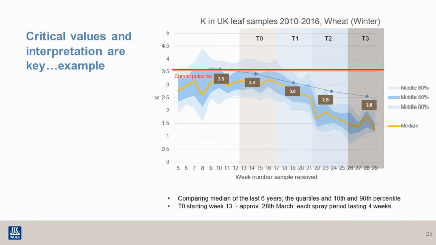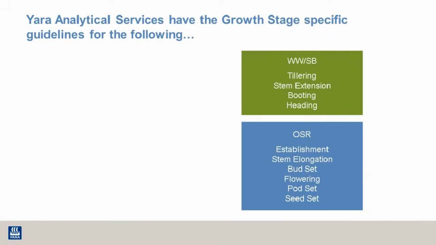So again, another part of tissue testing and getting good results is the interpretation from that result that you've got. So that's something to note and think about where you send that sample off to in terms of the analysis and the interpretation that you'll get back.